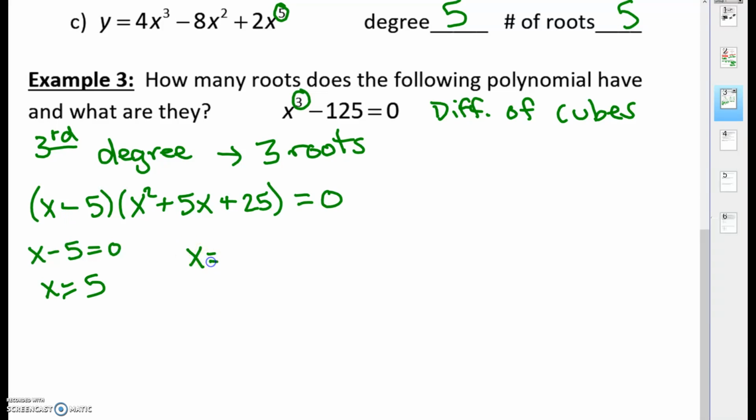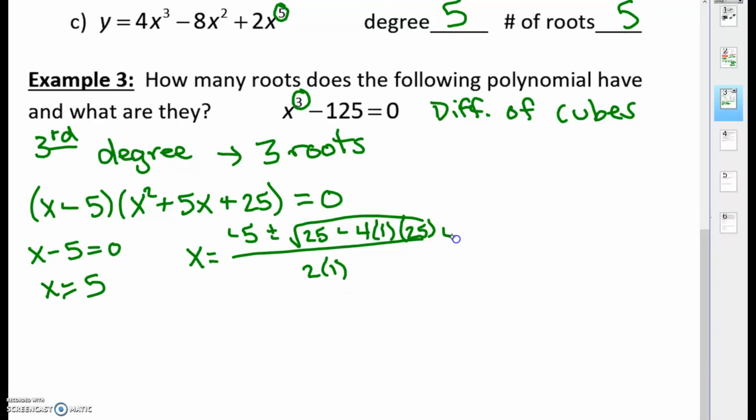This guy I'm going to solve with the quadratic formula. Negative b, negative 5, plus or minus the square root of 5 squared minus 4 times a times c, all over 2a, which gets me negative 5 plus or minus the square root of 25 minus 100, which is negative 75, all over 2.